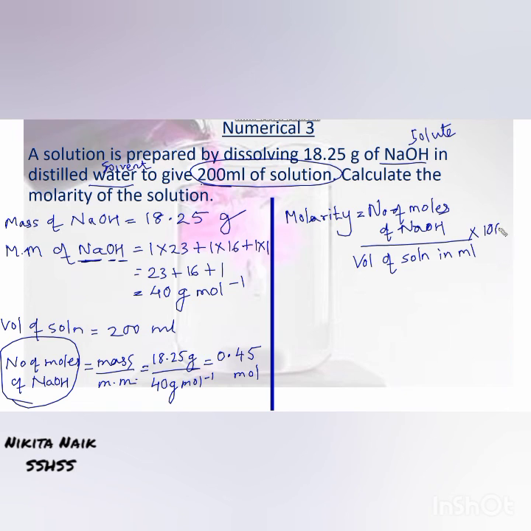I'm multiplying here by 1000. So here it is 0.45 divided by volume is 200 into 1000, which is giving us the answer 2.3 mole per liter or 2.3 molar. That is capital M. 2.3 molar is the answer.